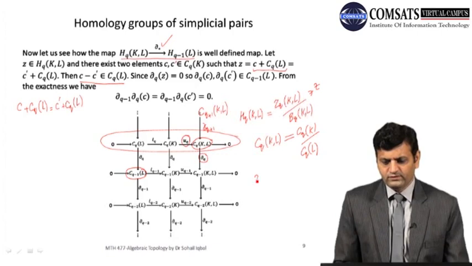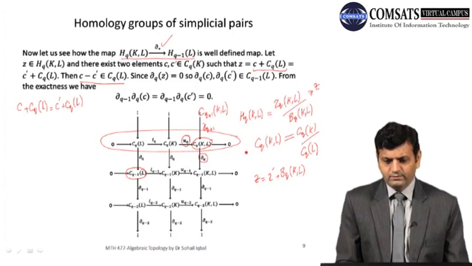So Z will be of the form Z prime plus B_q(K,L), and when we apply the boundary on this Z, we use the boundary maps, as we have already seen for the elements of C_q(K,L). So if Z belongs to the kernel, the image must be equal to 0 by definition.